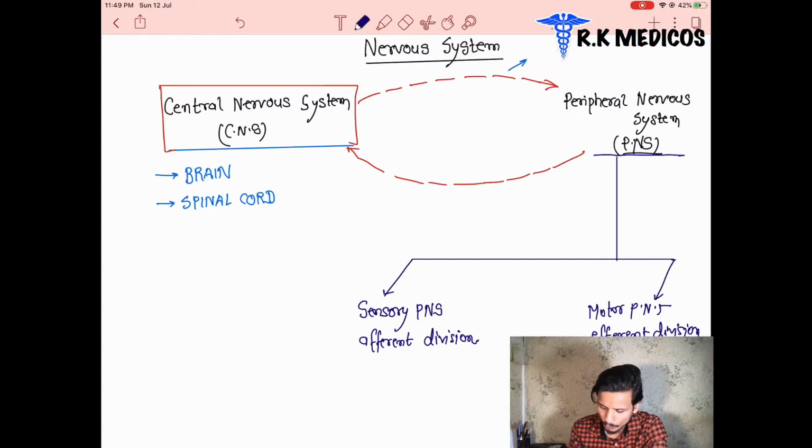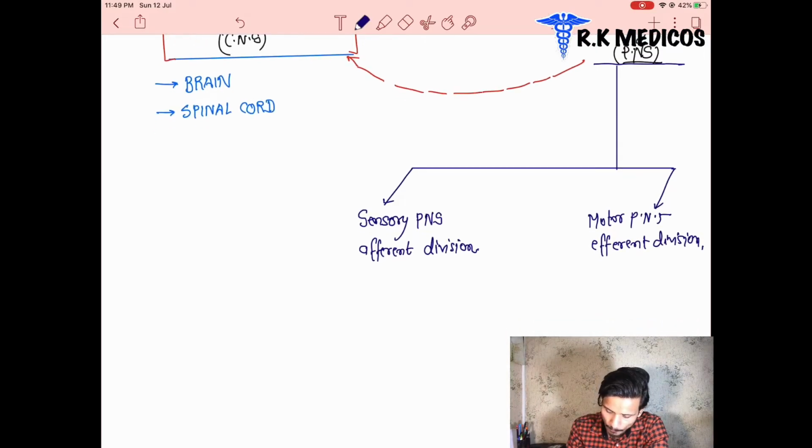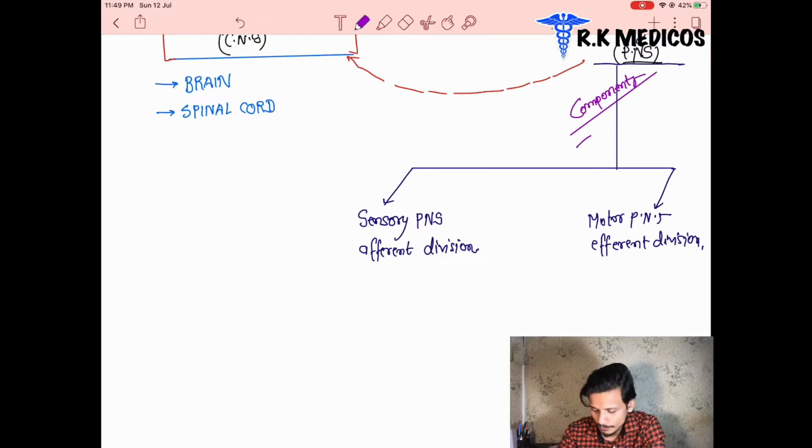Now, what are the several components of the peripheral nervous system? They are basically the plexus, the nerve, the ganglion, or the enteric plexus.